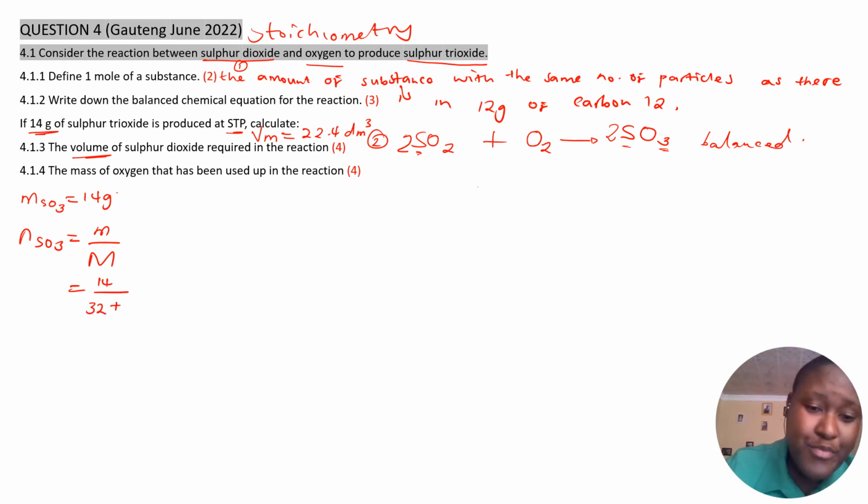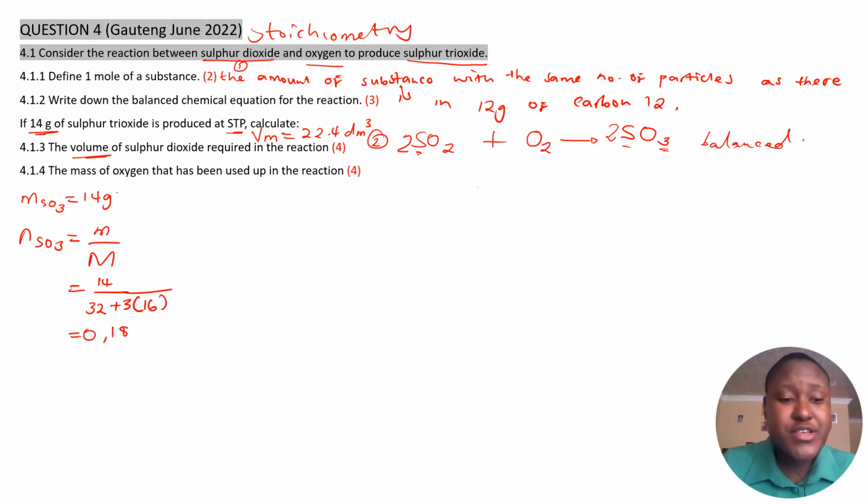We know by now because we've been doing a lot of questions. 32 plus 3 oxygens, and oxygen's molar mass is 16. Let us calculate quickly. You have 14 divided by 80, which gives you 0.18.